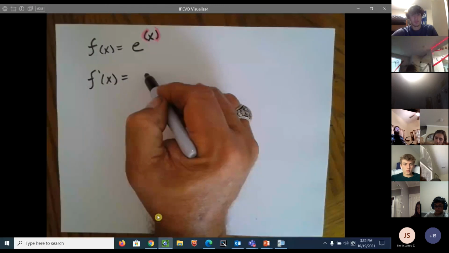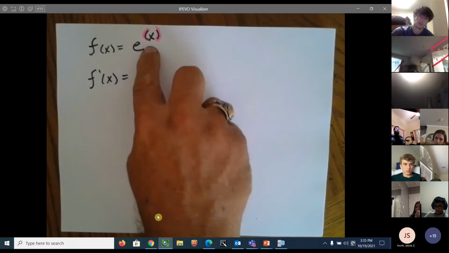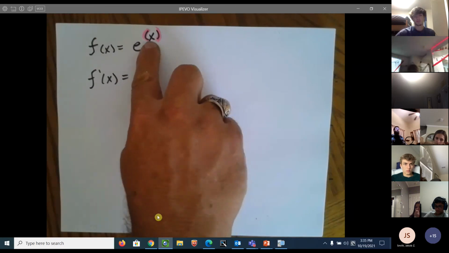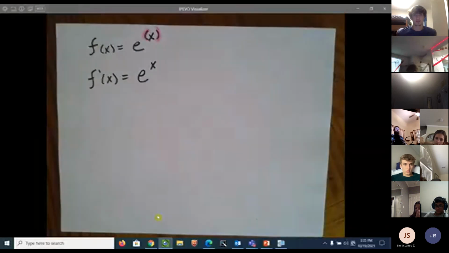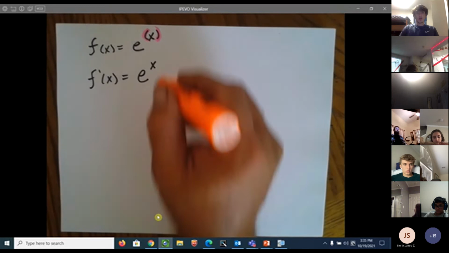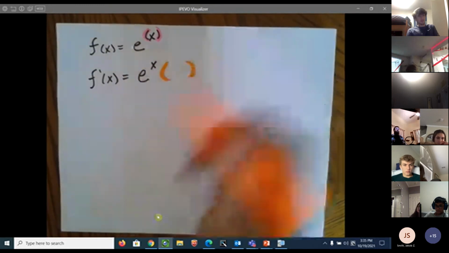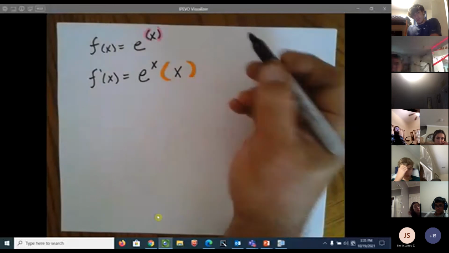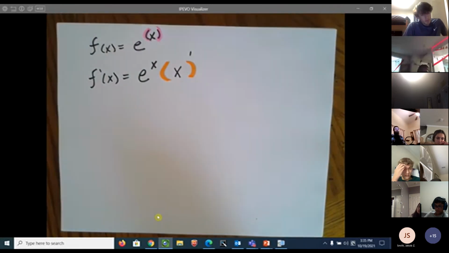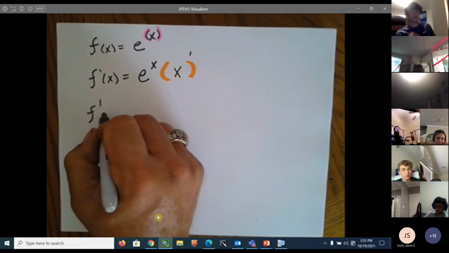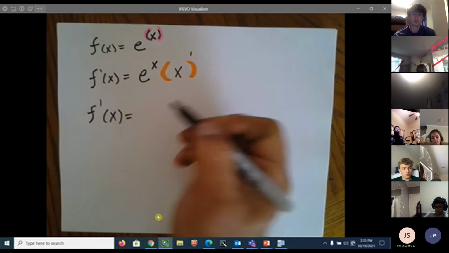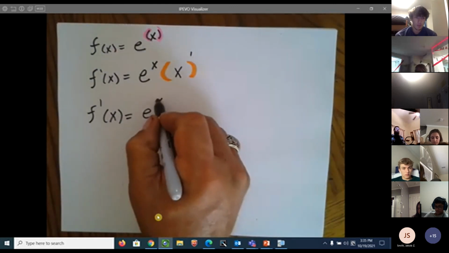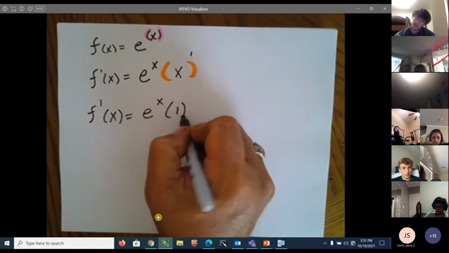But they forget to tell you that if there's something in there besides an x, you've got to take the derivative of it. And in this case, there's an x there. So you got to take that derivative. So f prime of x is equal to e to the x times 1.